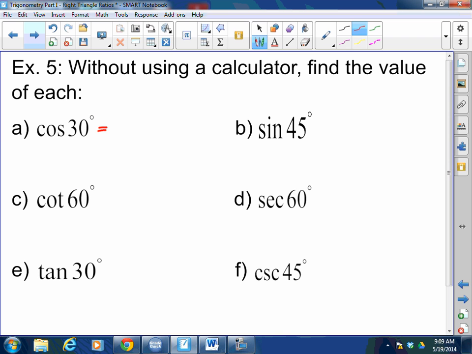Come on, cosine 30 equals? Square root of 3 over 2. What is it in decimal form? 0.867. Good. What's sine of 45? It's 1. I'm sorry, it's not 1. It is square root of 2 over 2. Sorry.